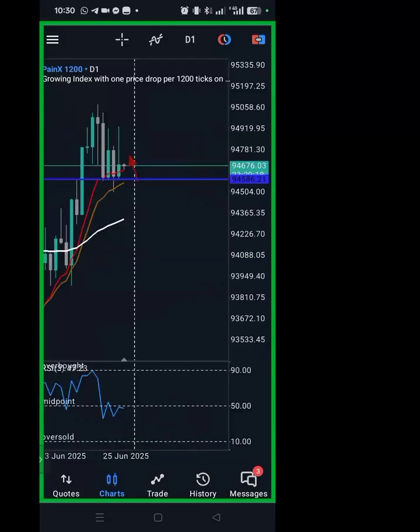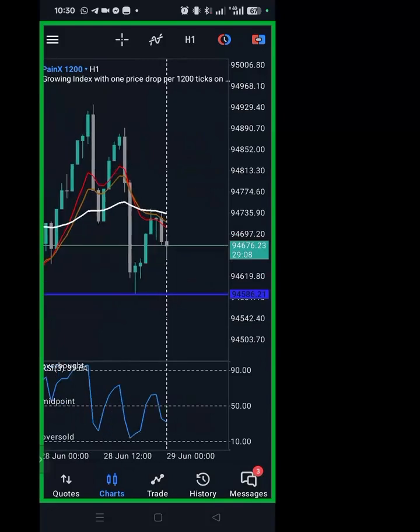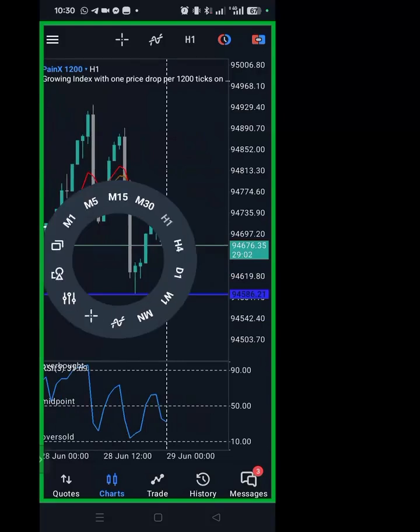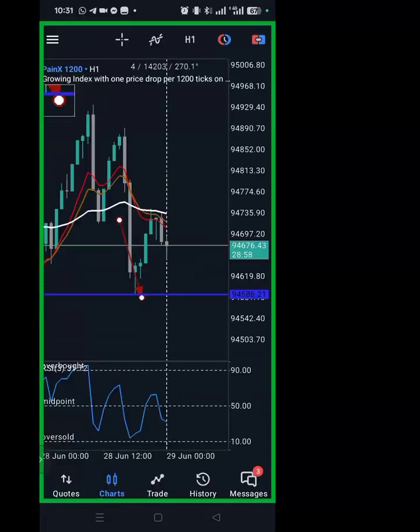It looks like it has touched the support and I'm expecting it to go upward. But why might I not enter this trade now? Because everything is below the 50 moving average, so it's not the best place to enter. You know the 50 moving average, this white line is the 50 moving average.